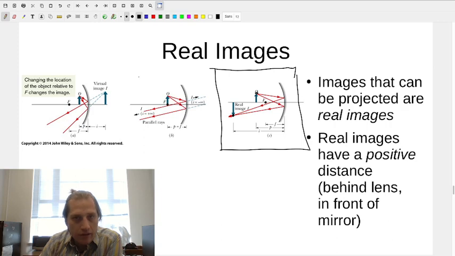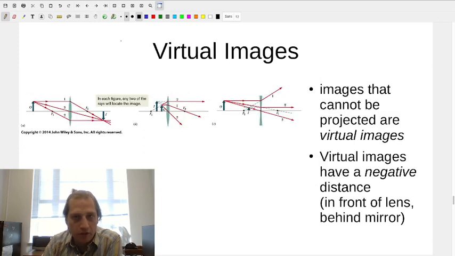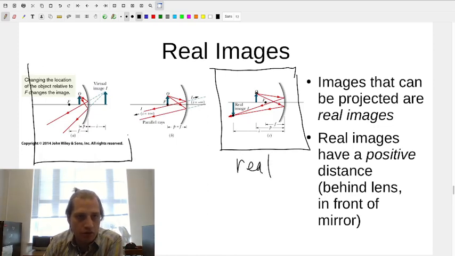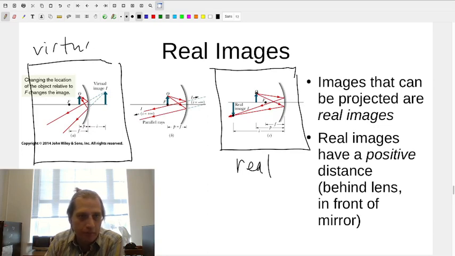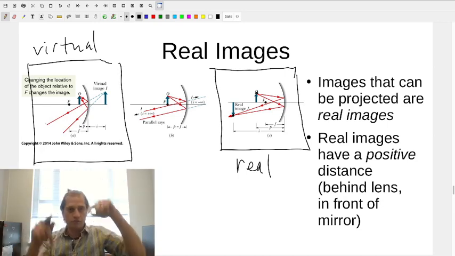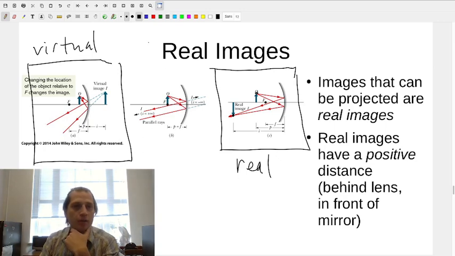So that's a real image. This one is a virtual image, however. Images that cannot be projected are virtual images. So here's your real, there is your virtual. And it's virtual because you have to, with your eye, trace back those rays to some common origin.